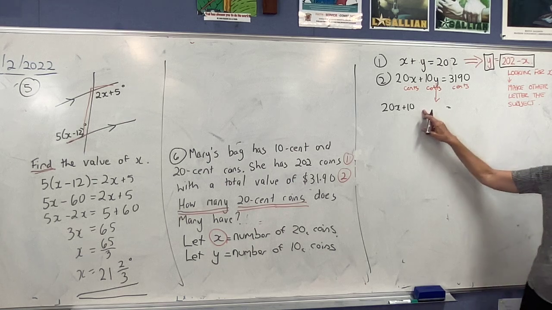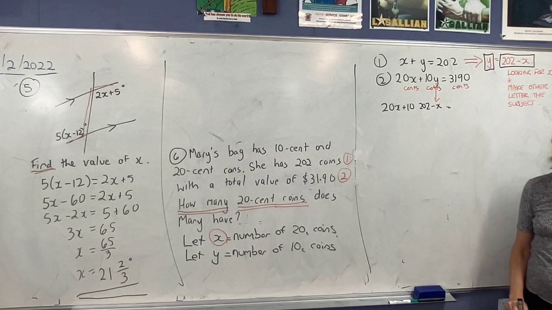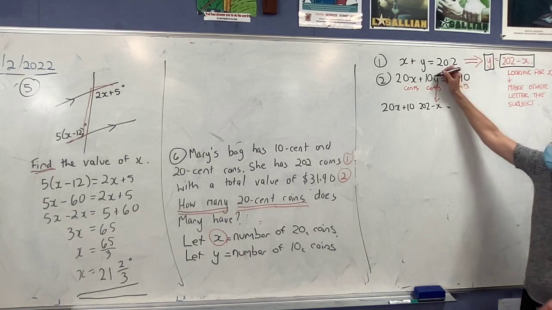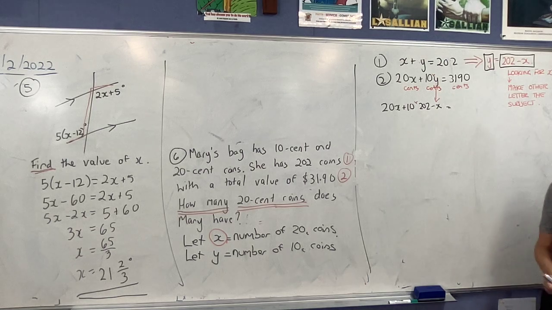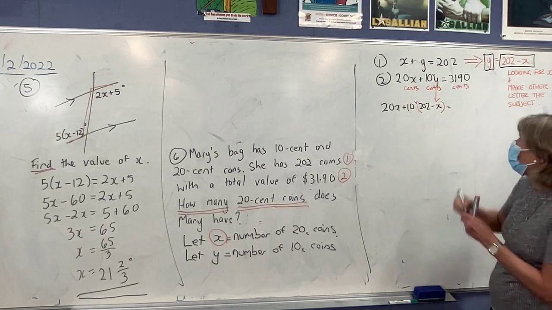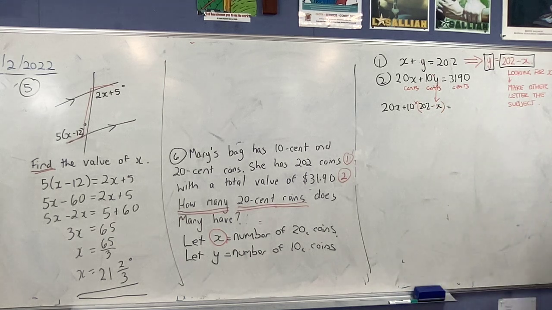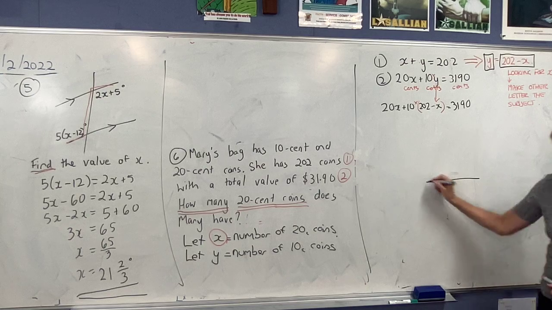So what do I write? 202 minus x, just like that? No, what's between the 10 and the y? Times. So it should be times in. What else is missing? Zach? The brackets. Right? If you're going to sub something in, it has to go in a bracket if it's more than one term. Alright, everyone keep going. You're going to solve it and find x and you're finished.